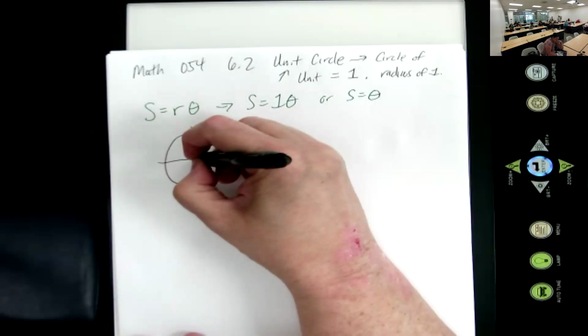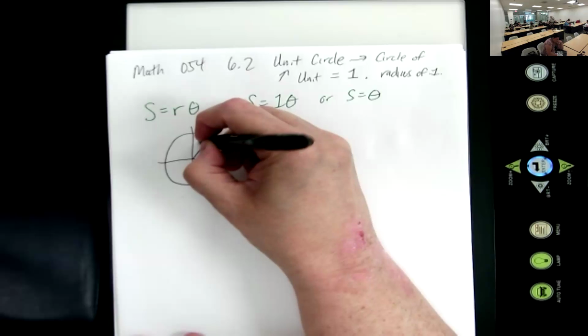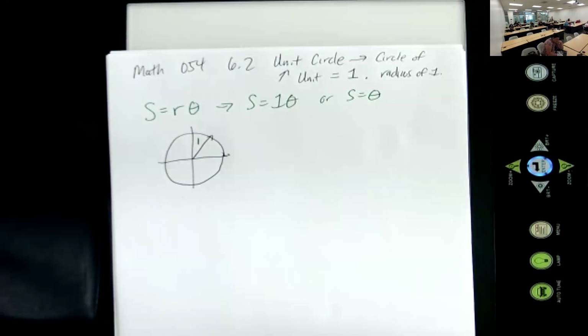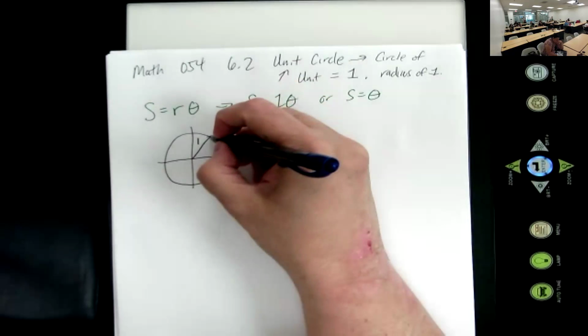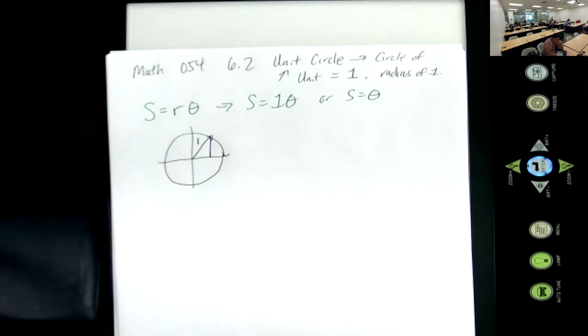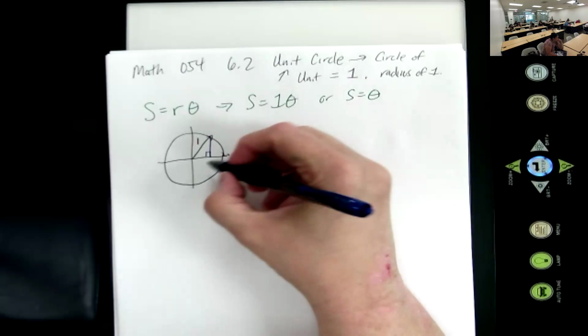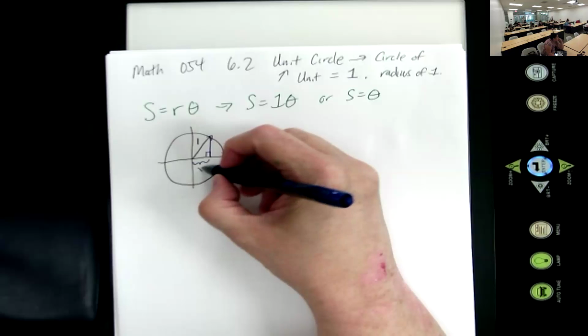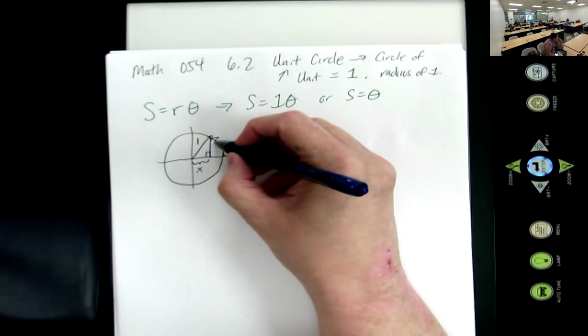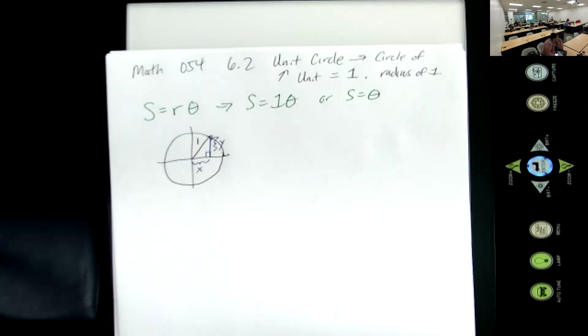And I go out some distance like that, this is a 1. You can make a triangle by dropping a line to the x-axis. So this distance is a distance x. This distance is a distance y.